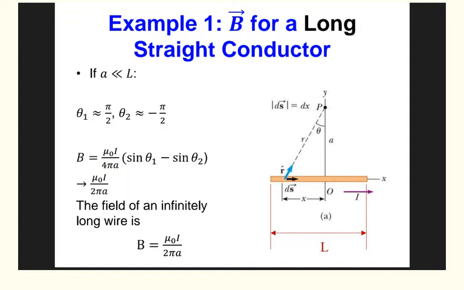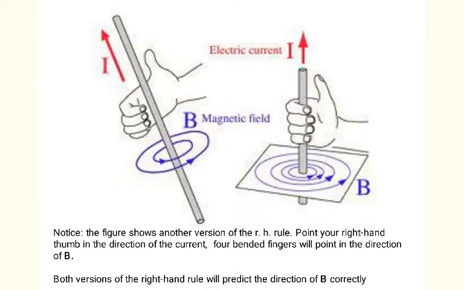So the magnetic field for an infinitely long wire depends only on the strength of the current and the distance from the wire. The length of the wire doesn't matter. The direction of B of an infinitely long wire still obeys the right-hand rule. In this case, the direction can be found using another convenient rule of thumb.